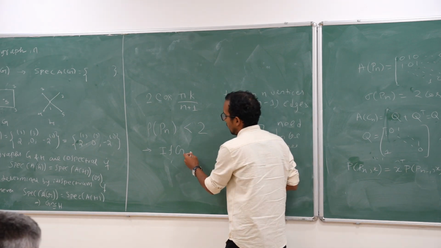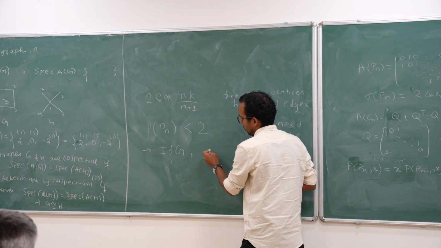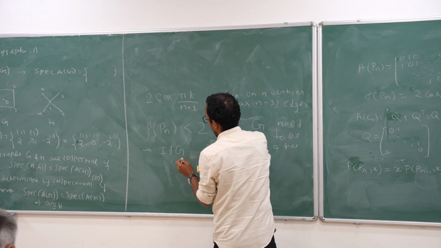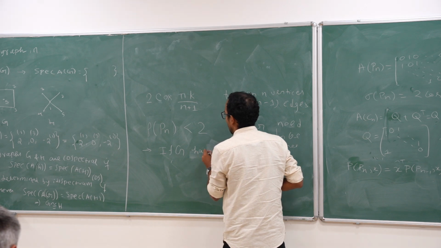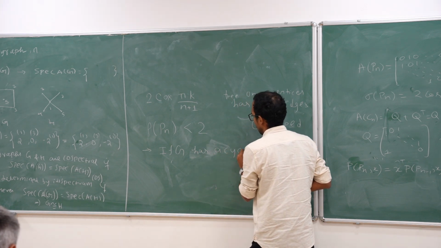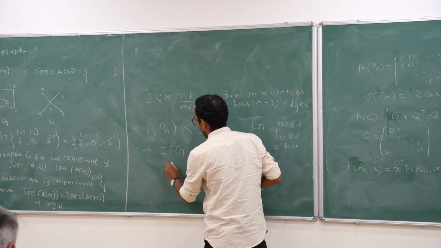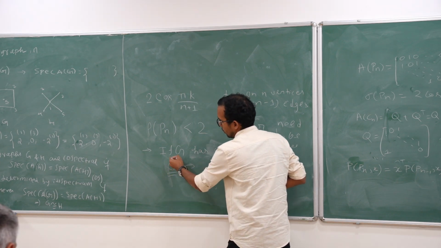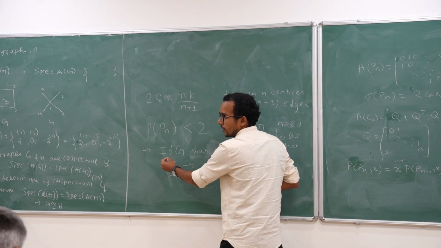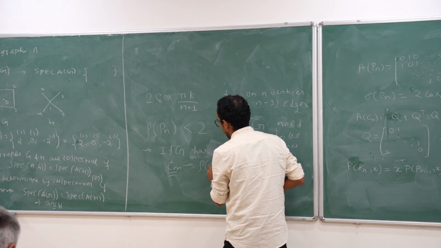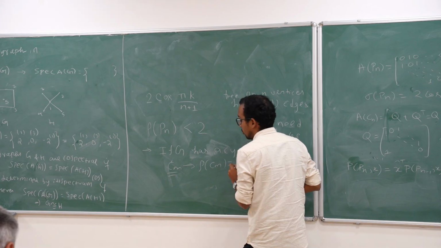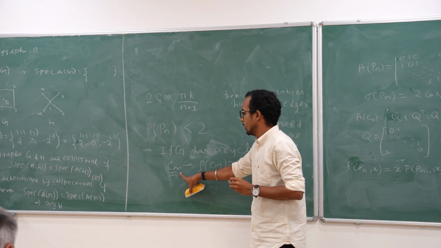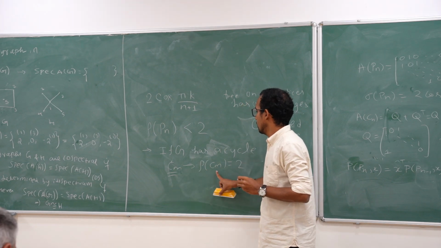So if G has a cycle, let's say of order m, then we know the spectral radius of the cycle graph Cm is equal to 2.